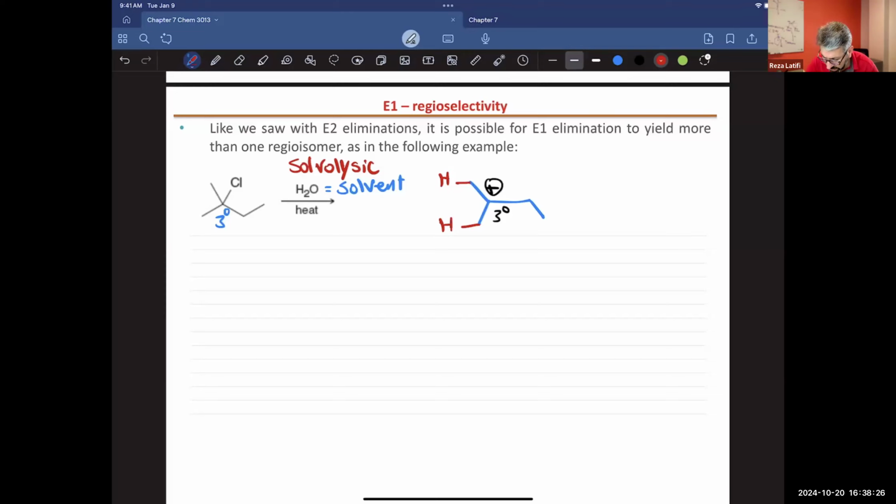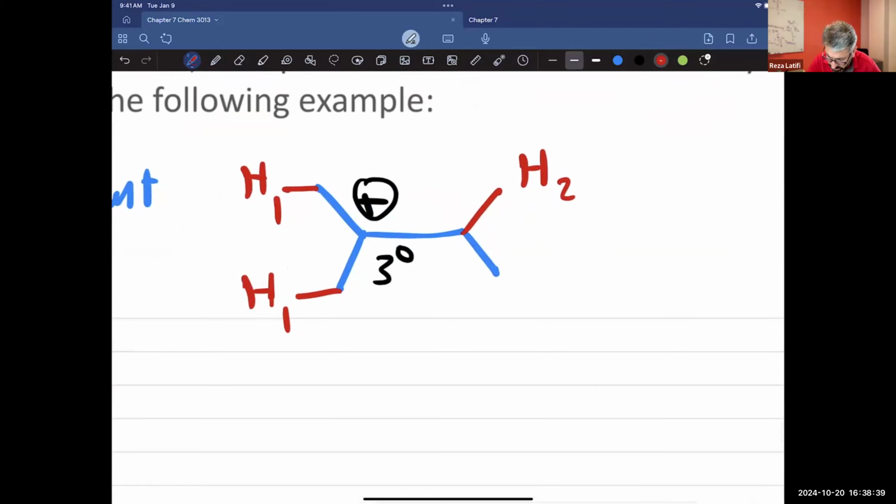And also we have a beta hydrogen on this carbon. Those two I'm going to call 1, and this one I'm going to call 2. So we have two betas. Let's call this one beta 2, and this one is beta 1.